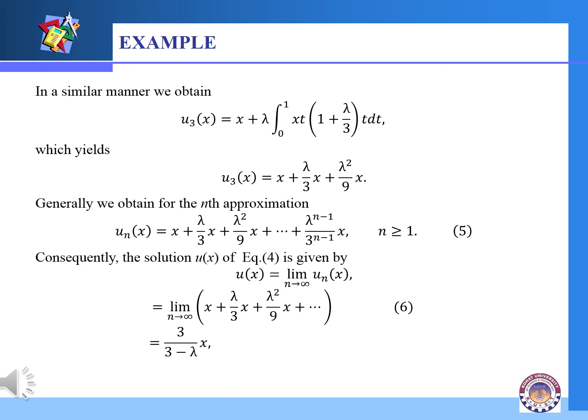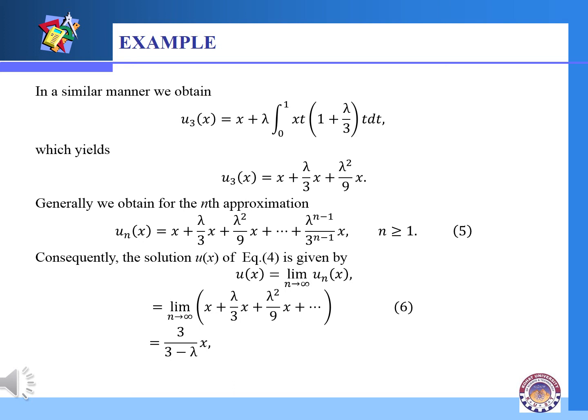Now you can see x is common in equation 6, so by taking x common, we have a geometric series of the form 1 plus lambda by 3 plus lambda square by 9 plus and so on. The first term of this geometric series is 1, and the common ratio is equal to lambda by 3.